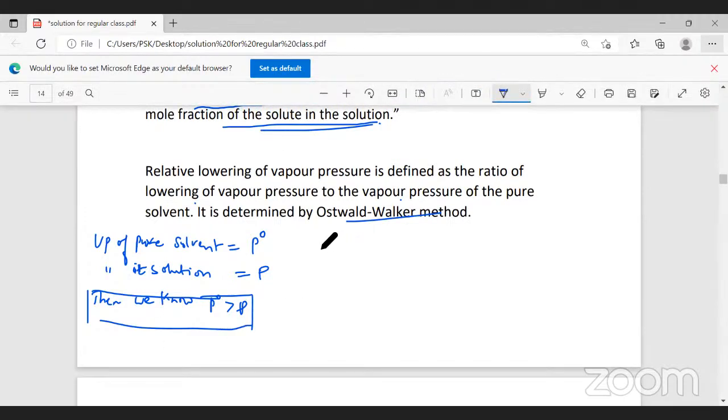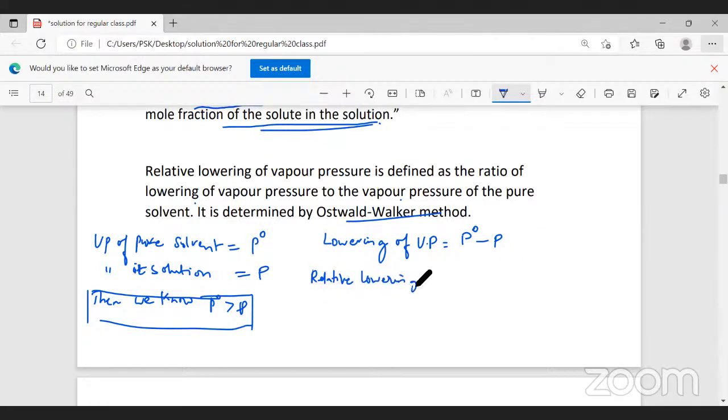Now, if that's the case, what's the lowering of vapor pressure? Lowering of vapor pressure is equal to the vapor pressure of a pure component minus the vapor pressure of its solution. Because we know that P naught is greater than P, lowering of vapor pressure is equal to P naught minus P. Now we have relative lowering of vapor pressure.